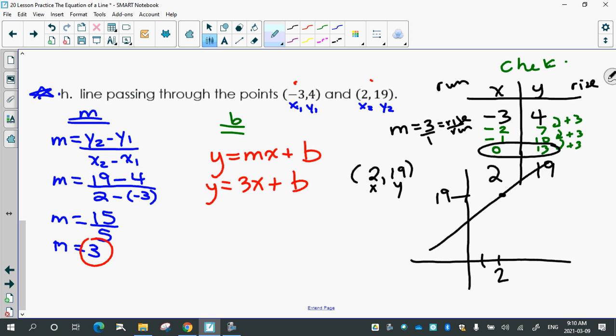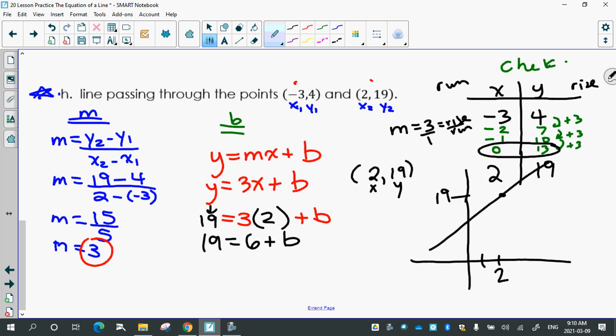So if I replace y with 19, keep 3, replace x with 2 using brackets, then b is the only variable I have left in my equation. So I'm using algebra. That's why we spent so much time learning algebra in the first week and a half of the course, solving equations. I'm using algebraic thinking to get to the answer here.